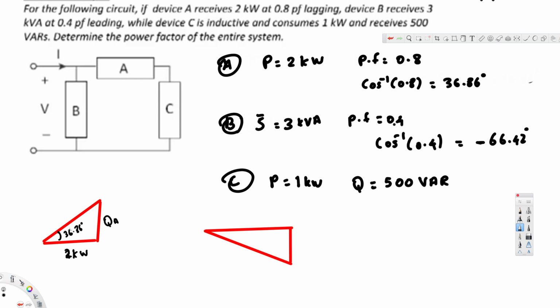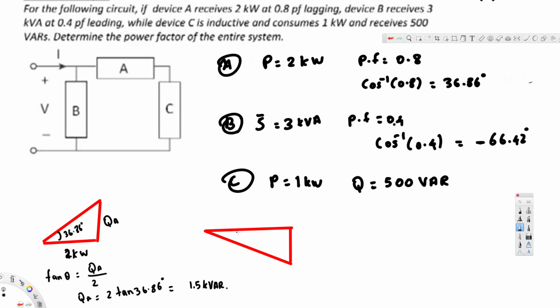Since we have theta and also the adjacent, we can calculate the opposite, right? So tan theta is equal to QA over 2. Therefore QA is going to be 2 tan 36.86 degrees, and if you calculate this you're going to get QA equal to 1.5 kVAR.